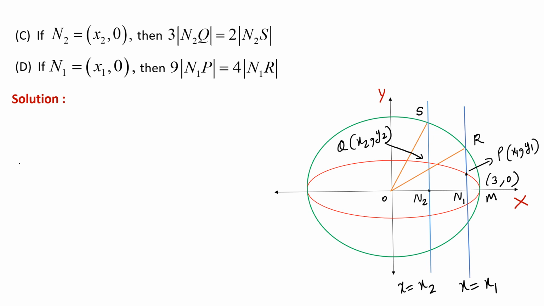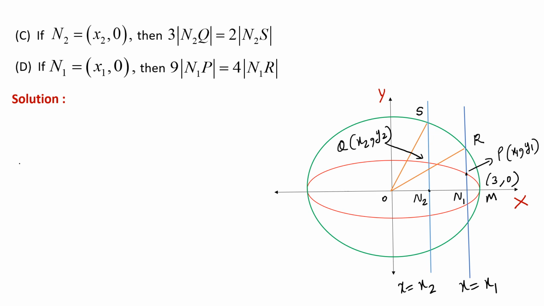The coordinates of P and Q are (x1, y1) and (x2, y2) respectively, where y1 is greater than 0 and y2 is also greater than 0. There are two lines x equal to x1 and x equal to x2 which are intersecting the auxiliary circle of this ellipse at points R and S respectively, where the y coordinates of the points R and S are both positive.